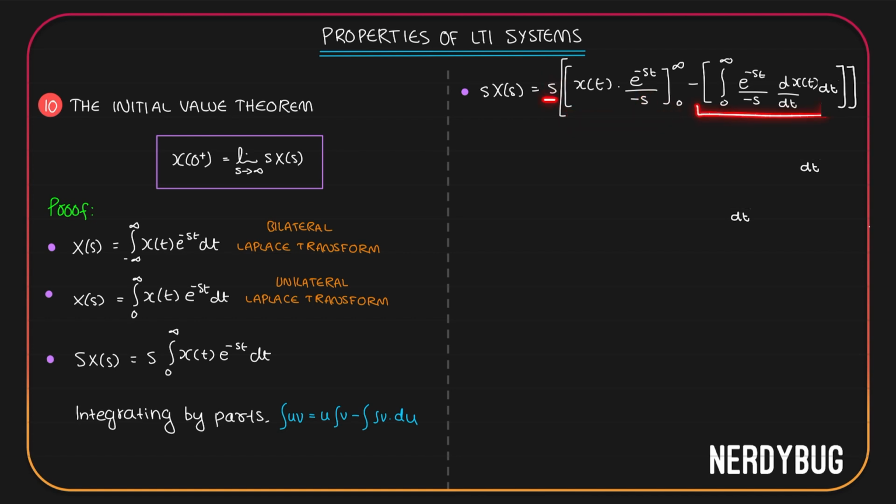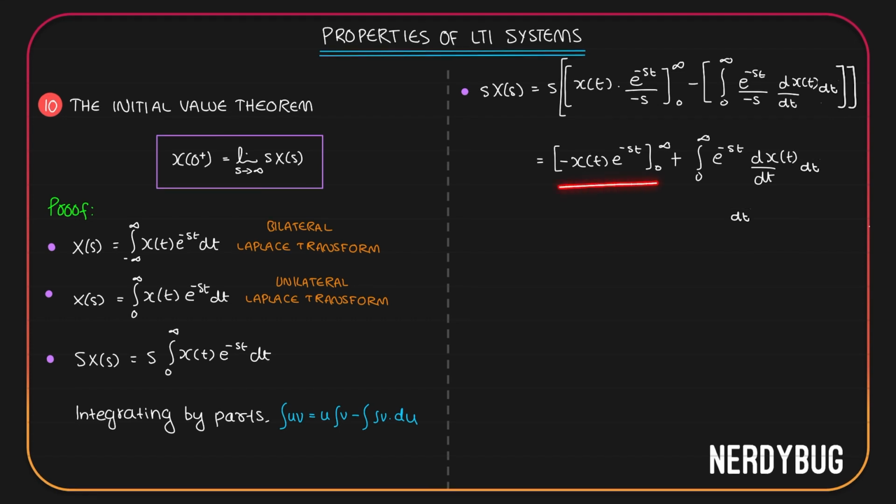Multiplying the second term with s, the s over here gets cancelled. So this becomes minus x(t) e raised to minus st, limits from 0 to infinity, minus integral from 0 to infinity e raised to minus st dx(t)/dt. But here we had a minus s, so there is an extra negative there, which will make this negative positive.